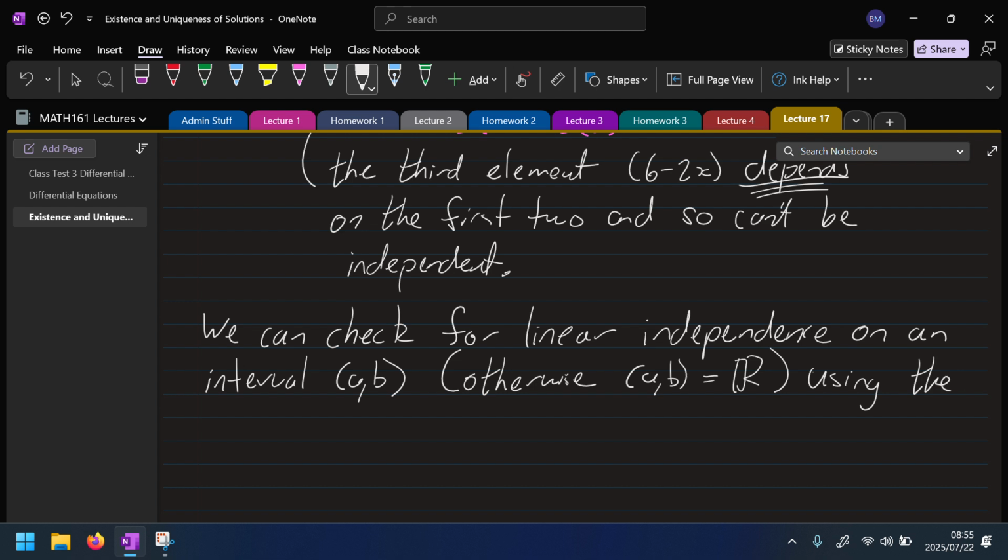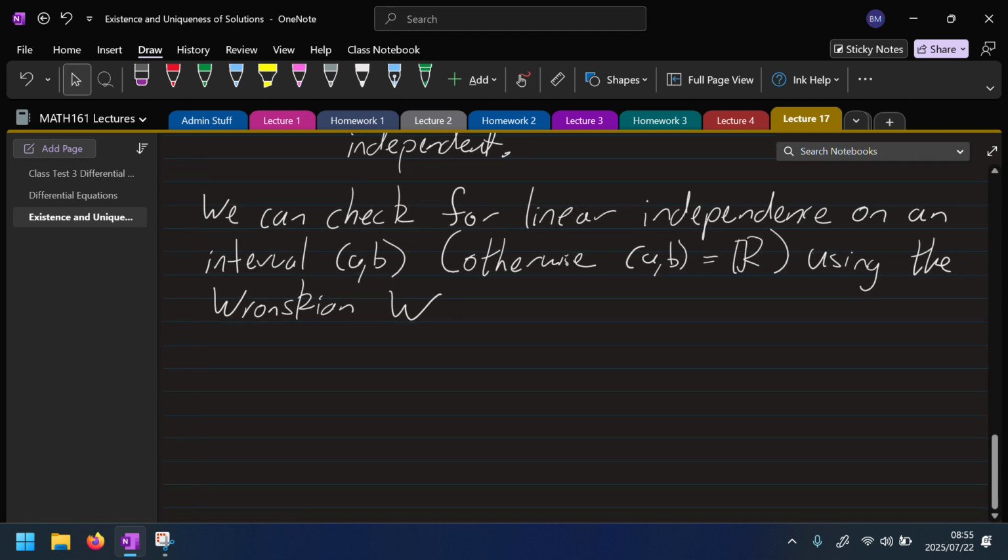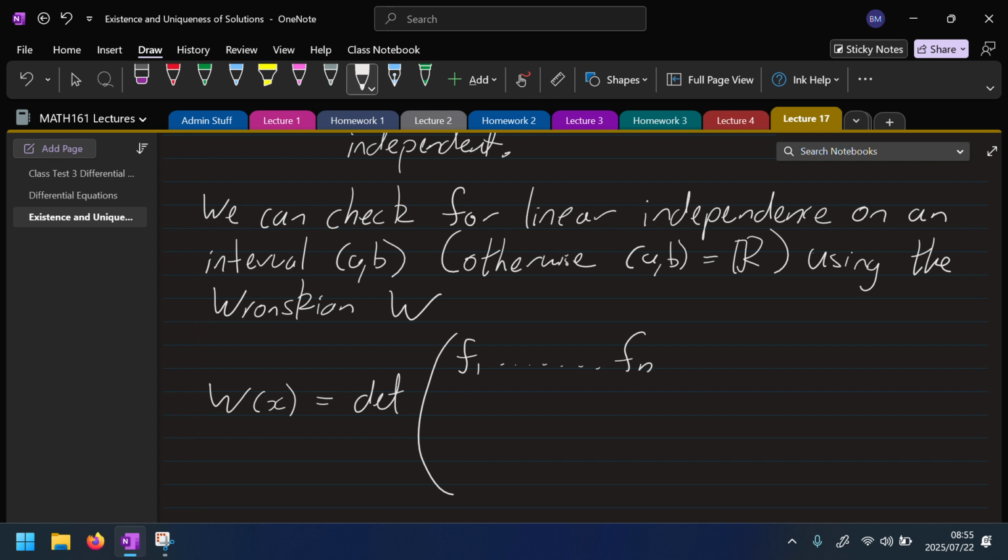We check using the Wronskian, W. I don't think you covered that in 132. So what is this Wronskian? It is a function, W(x), equal to the determinant of f1 up to fn, where those are the functions that we're checking.